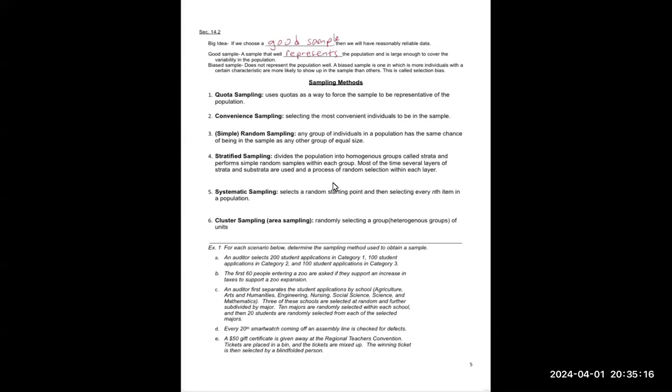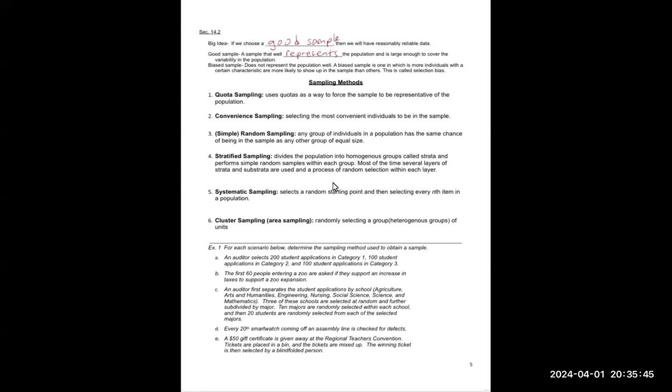So that's called cluster sampling, and it's what we mentioned in chapter 6. We want to be accurate, but at the same time, we only have so much time and effort and money to put toward these projects. So we're going to settle for the second best, which is cluster sampling.